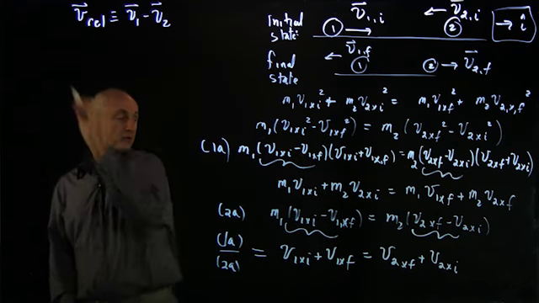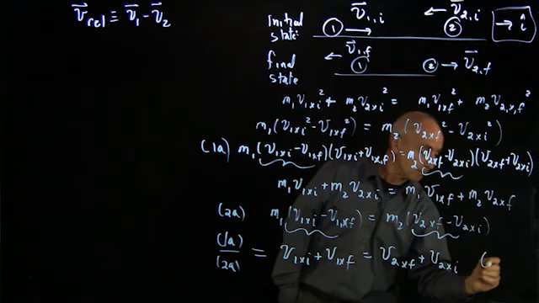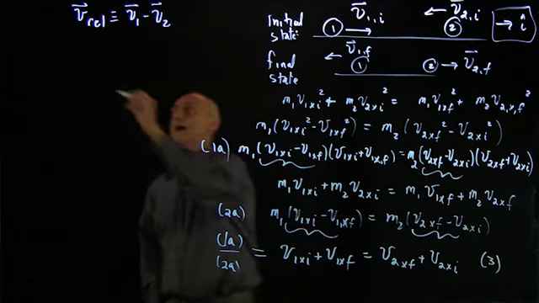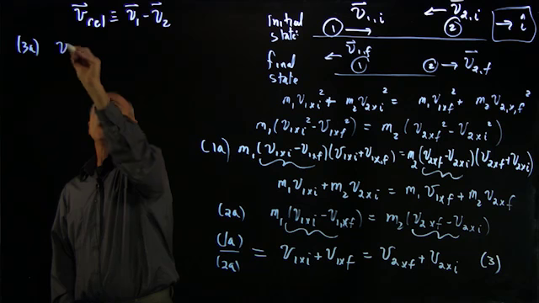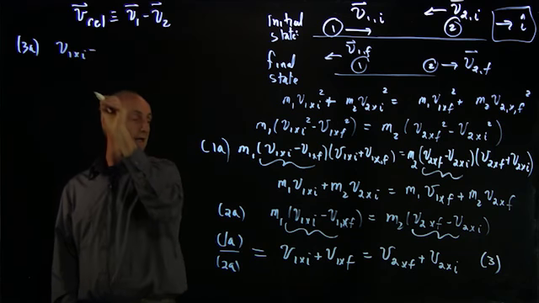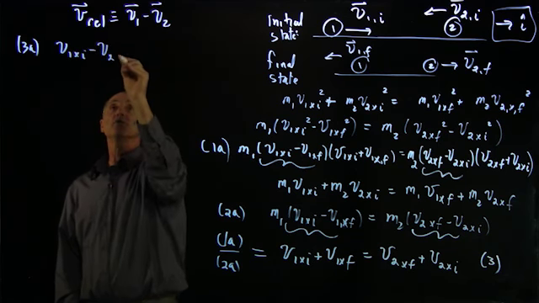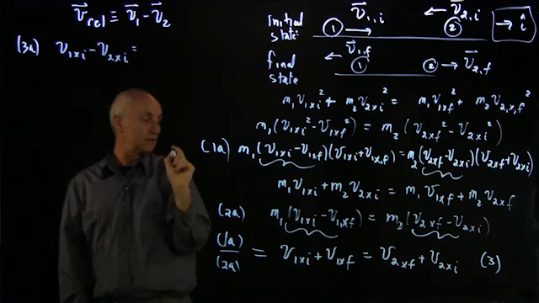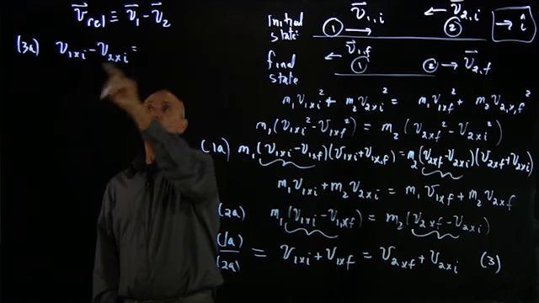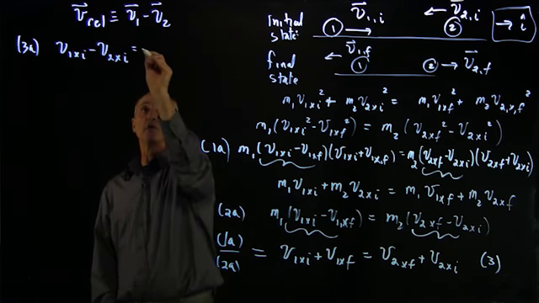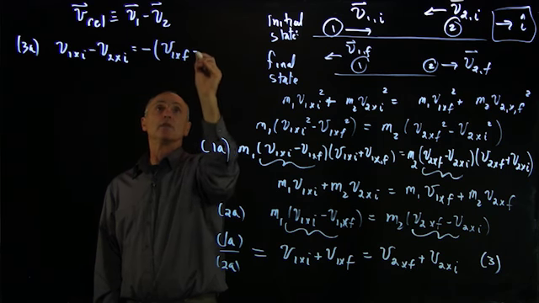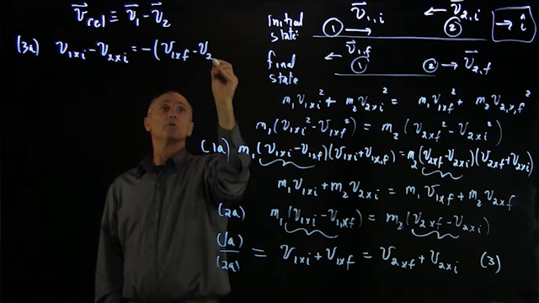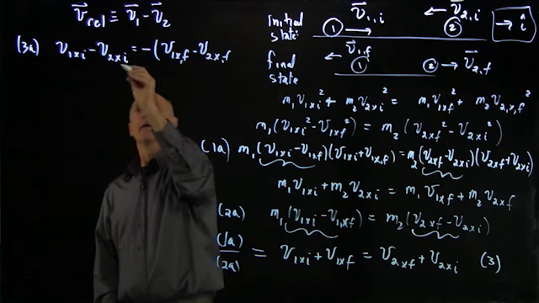And so this equation, which we'll give a number 3, and now we'll modify that by calling it 3a. We have v1x initial minus v2x initial. Now notice the sign. I'm going to want to keep the order of 1 and 2, so I have to put a minus sign: v1x final minus v2x final.